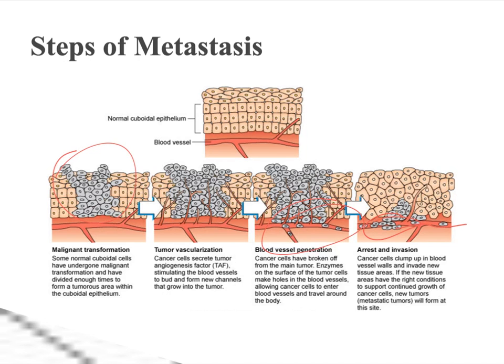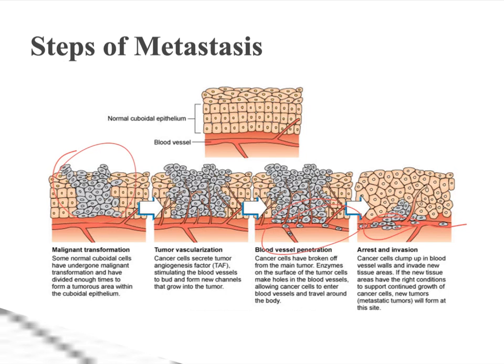A good thing to review in your book is the description of a primary tumor and a secondary tumor. The original tumor is the primary tumor. When that primary tumor spreads to another organ and forms a tumor there, it is called the secondary tumor.